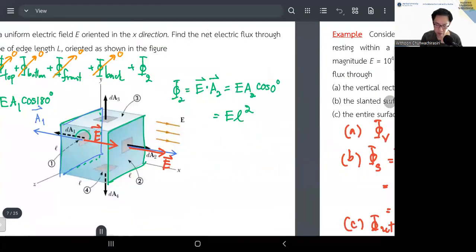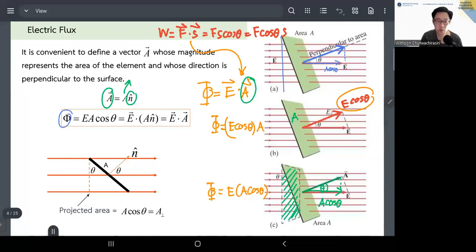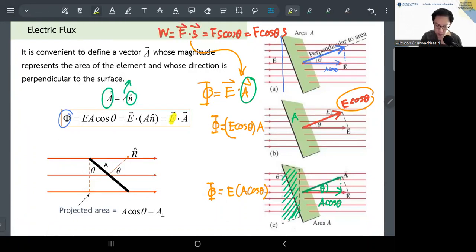So the way that we calculated flux, we already said it's just looking at the dot product between the electric field vector, that's the E, and the A, which we've now built as a vector.